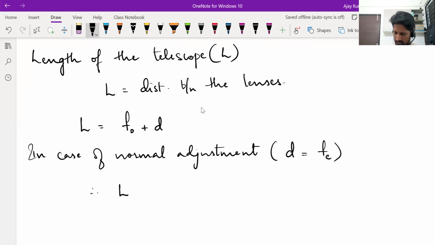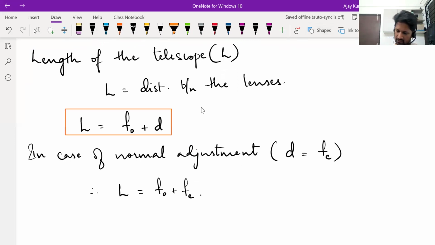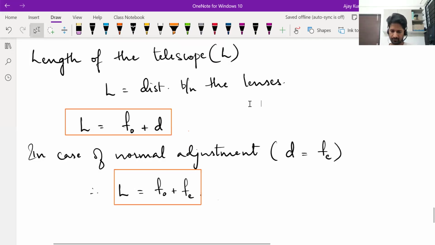Therefore, the length of the telescope becomes f0 plus fe. So the first is for any case. The second formula that we write here is for the case of normal adjustment.